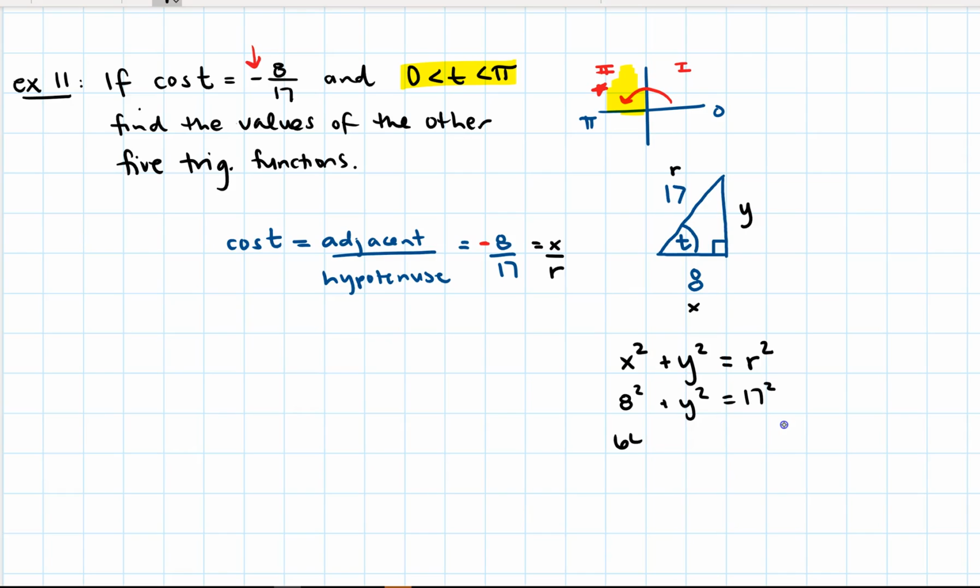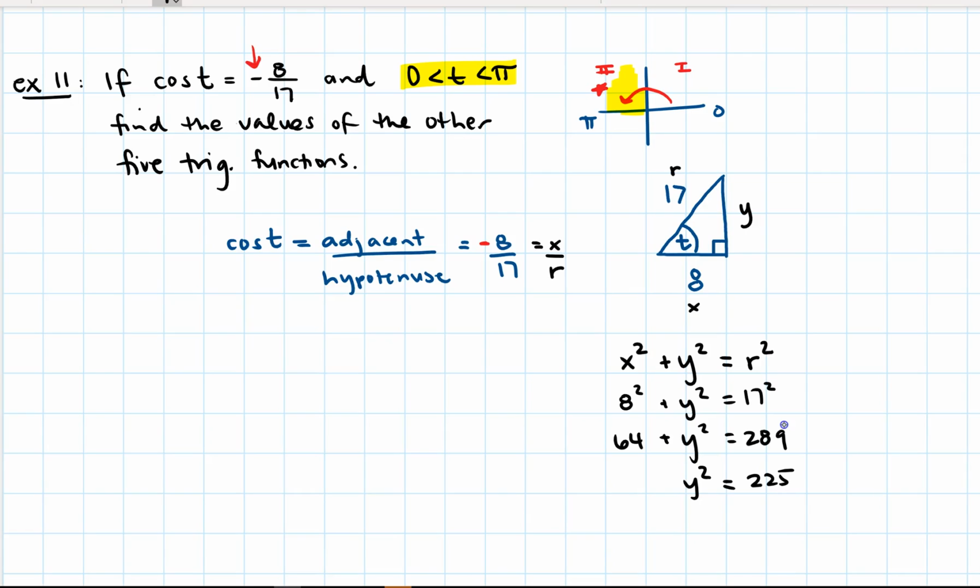That leaves us with 64 plus y squared equals 17 squared, which, get out that calculator, is 289. Now we can solve for y by subtracting 64 on both sides. So 289 take away 64 will give me 225.